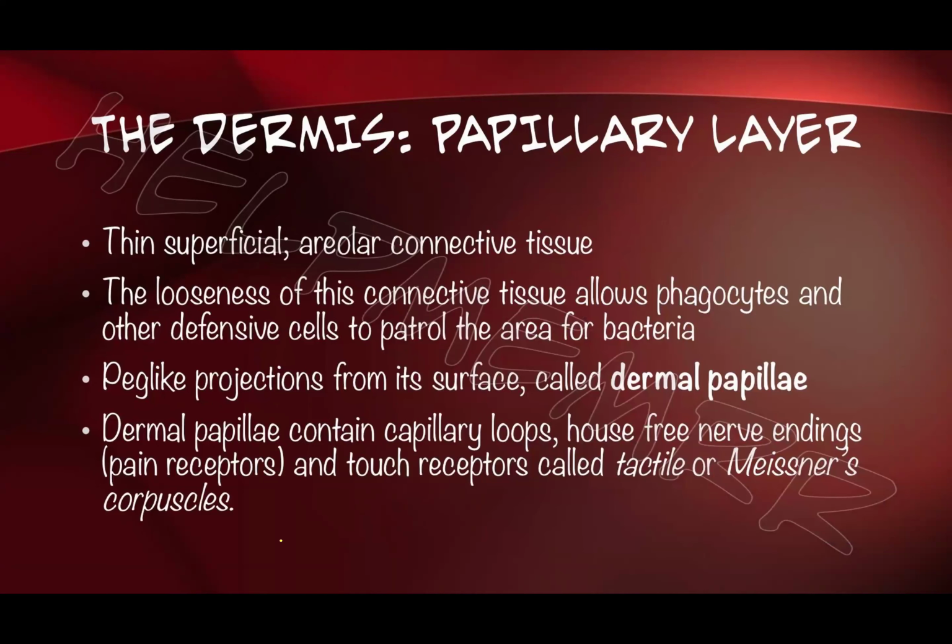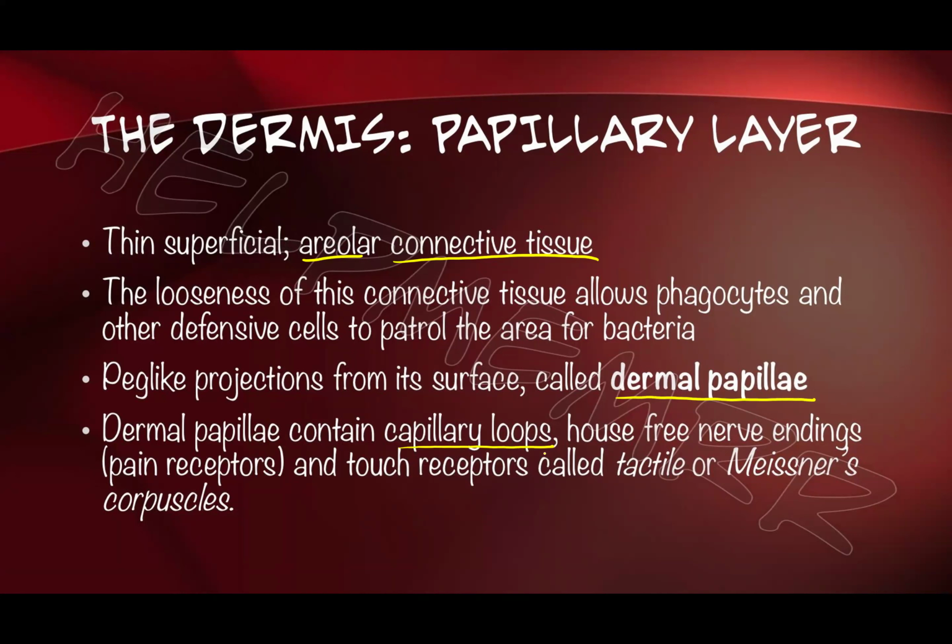With our dermis, each layer is going to have a little bit of a different job. Like I told you, areolar connective tissue is found in that papillary layer. We have these bumps called dermal papilla. Those are the bumps that are on the dermis, but causing the epidermis to move.